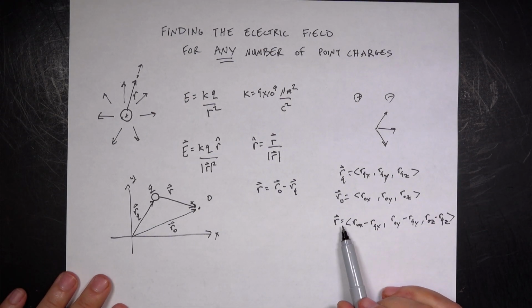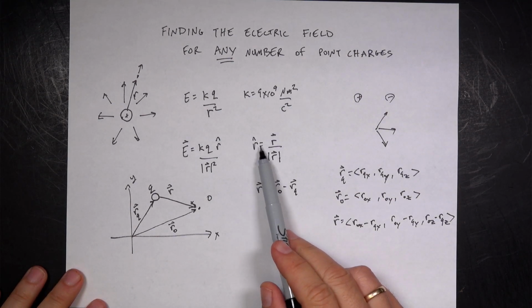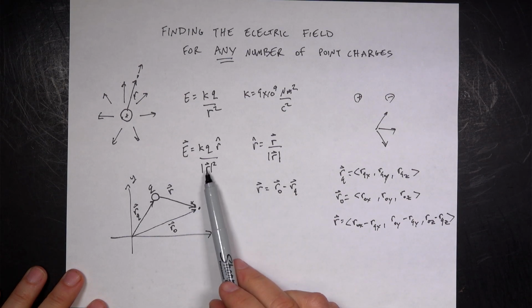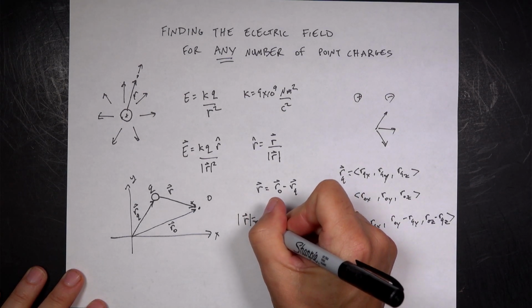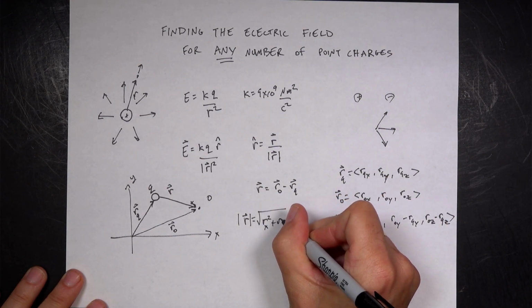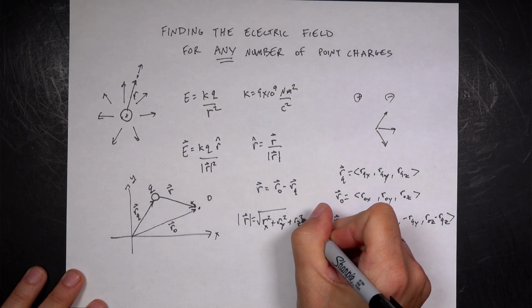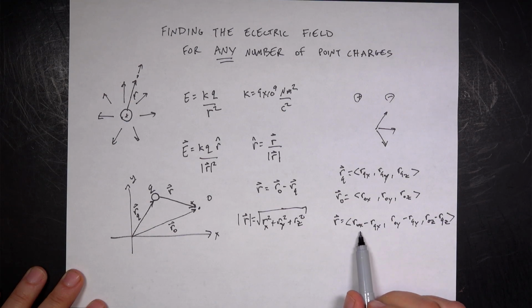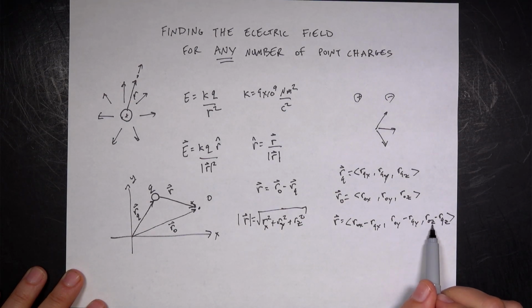So once I do that, I need to find the magnitude of this vector, right? Because I'm going to have to find the magnitude squared. So the magnitude of r is just going to be the square root of rx squared plus ry squared plus rz squared, where that's my rx value, a scalar, that's my ry value, that's the difference in those, and that's rz.